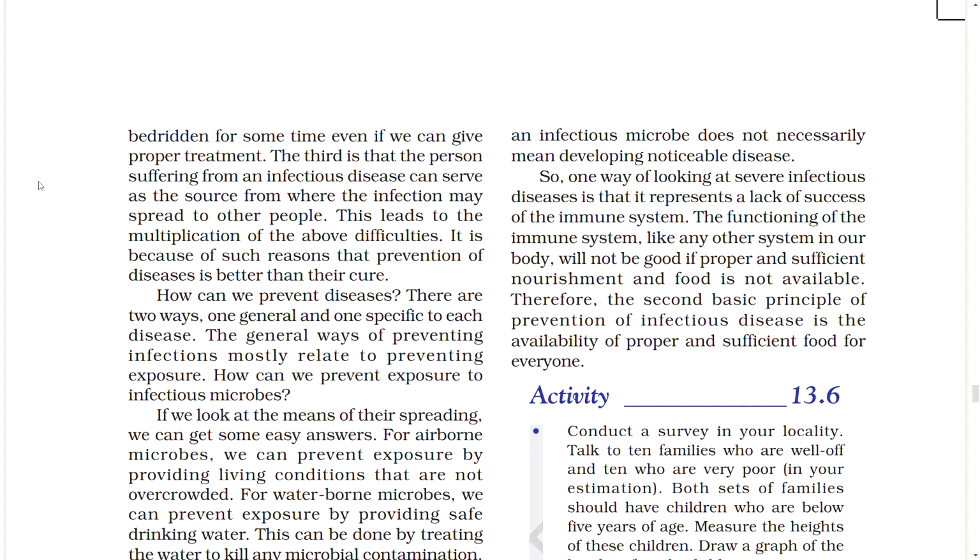So, one way of looking at severe infectious disease is that it represents a lack of success of the immune system. The functioning of the immune system, like any other system in our body, will not be good if proper and sufficient nourishment and food is not available. Therefore, the second basic principle of prevention of infectious disease is the availability of proper and sufficient food for everyone.